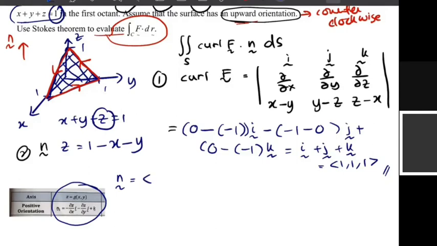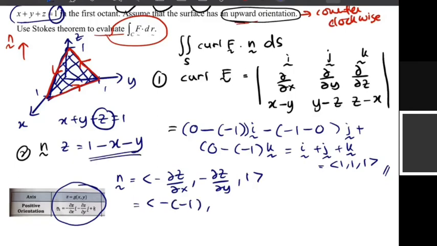Okay, since this is non-parametric, you must refer to the table. Okay, we have upward orientation, positive orientation, and our equation is in the form of z. So z equals, here, x plus y plus z equal to 1. Make z the subject. So z equals 1 minus x minus y.